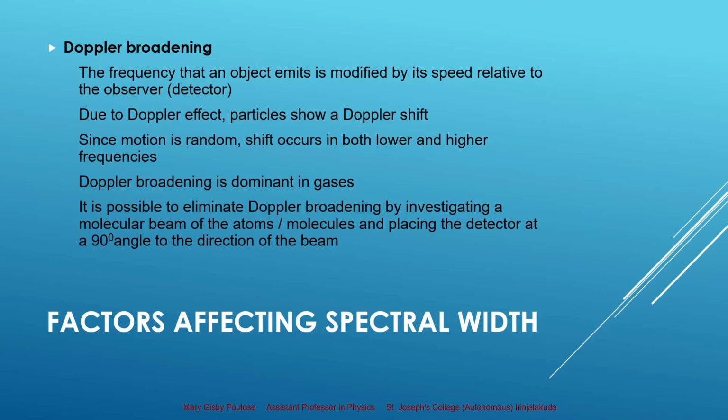Now, in order to remove the effects due to Doppler broadening, we investigate our sample by placing the detector at a 90-degree angle to the direction of the incident source light. That is, the detector will be placed perpendicular to the sample or the incident source light.